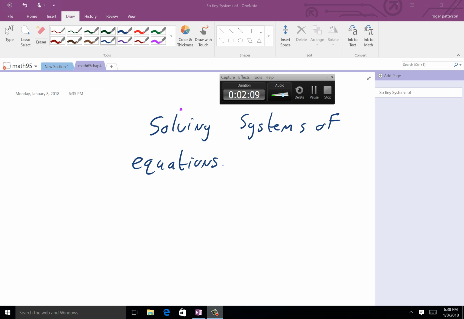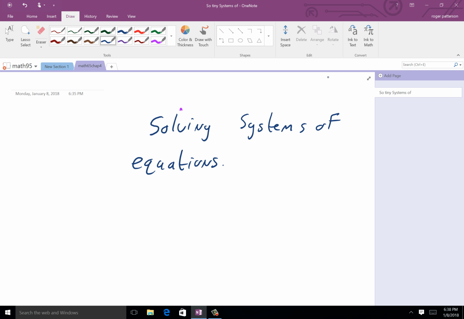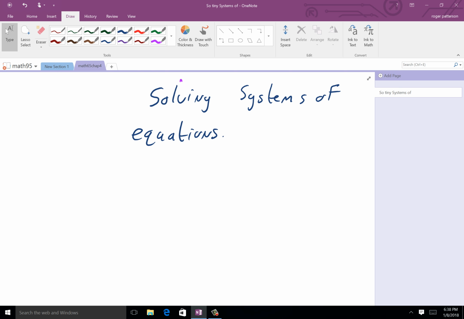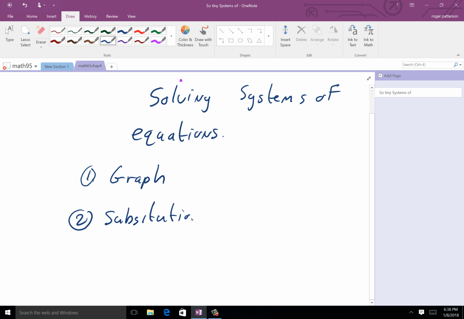There's actually 4 ways to solve a system of equations. We're only going to look at 3 of them, and just 2 of them tonight. So one way is to graph it. Another way is to use substitution. And another way is to use what is called elimination.